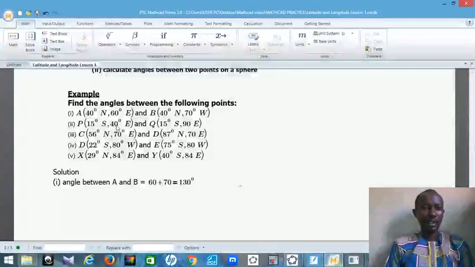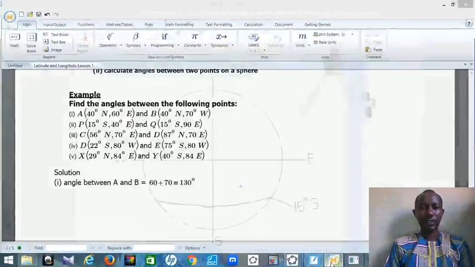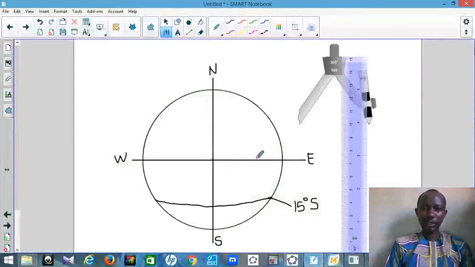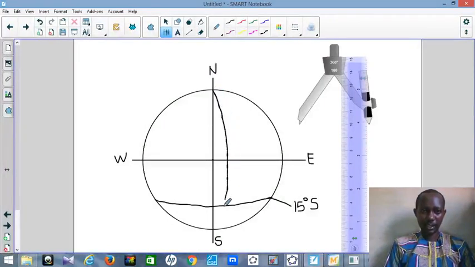Then the second coordinate is 40 degrees east. East is towards your right. So 40, you come like this. Make a good sketch. So this is 40. Always label so that your examiner will know the angle you are doing.